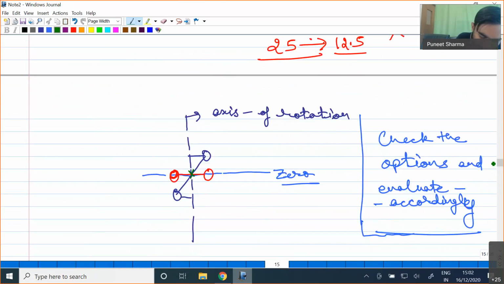So we may have a situation where our axis of rotation is passing through this, and for this diatomic molecule our center of mass is lying on the axis of rotation. But while this molecule is orienting, its atoms, its mass points, for example these two atoms, one having mass M1 and the other having mass M2, will have certain distance from the axis of rotation. So obviously about this axis of rotation it will possess certain rotational kinetic energy.